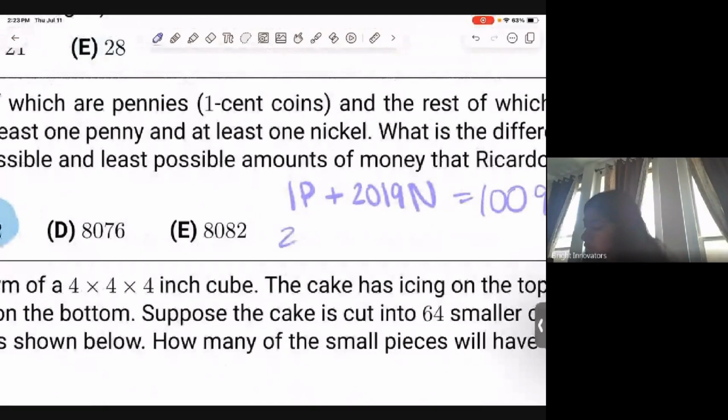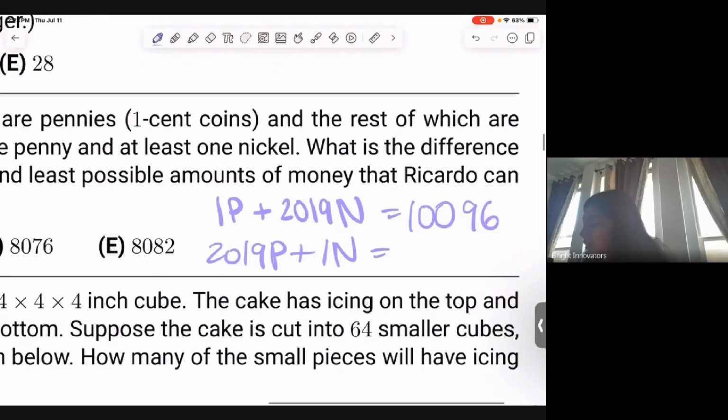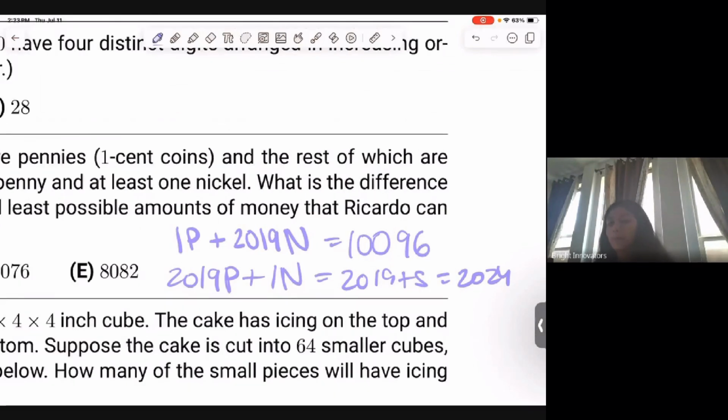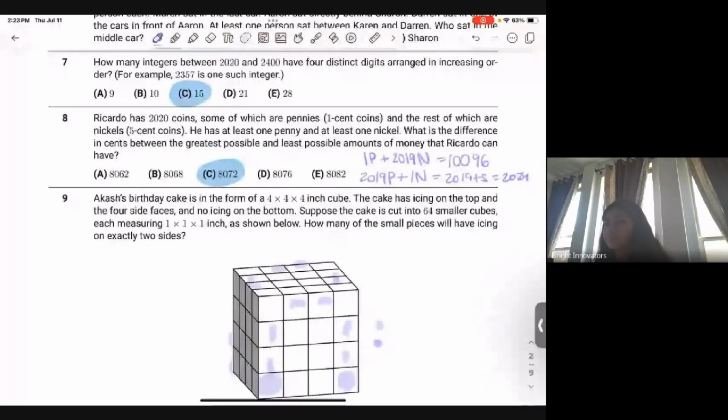So it'd be 2019 pennies and then plus 1 nickel. So that's the same as 2019 plus 5, which is 2024. And then if you do 10,096 minus 2024, that's 8,072. So I'm gonna get that one. Okay.